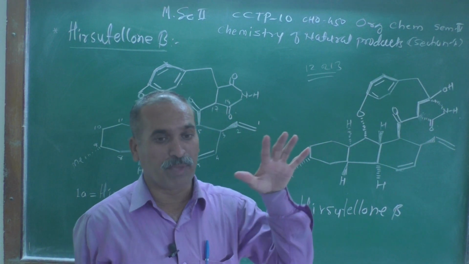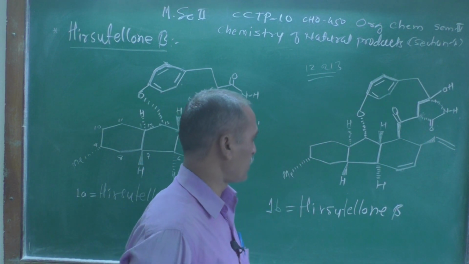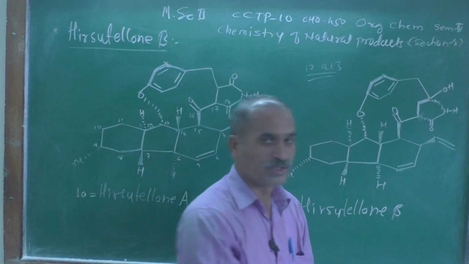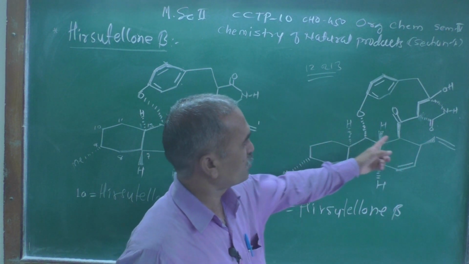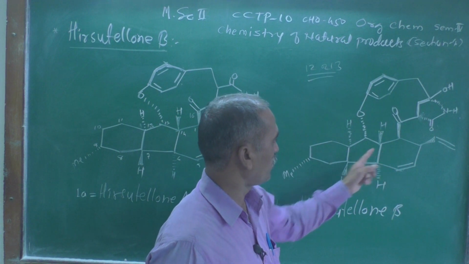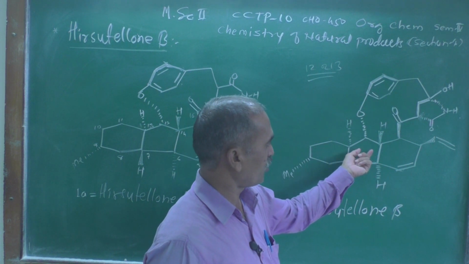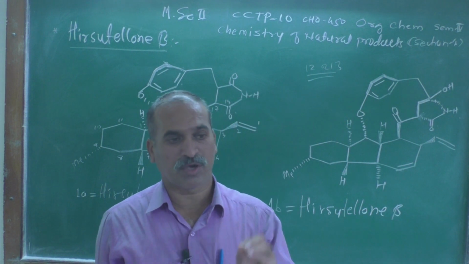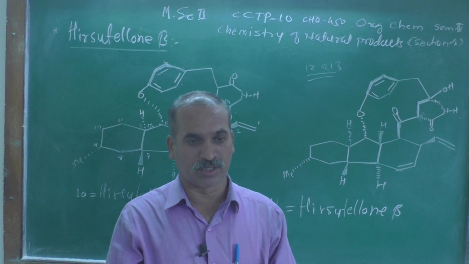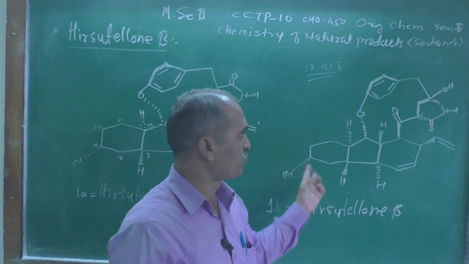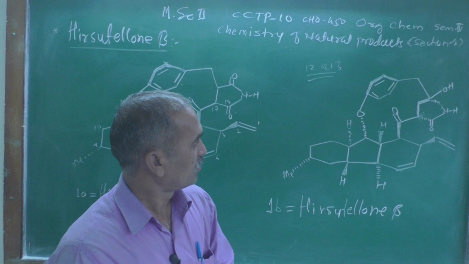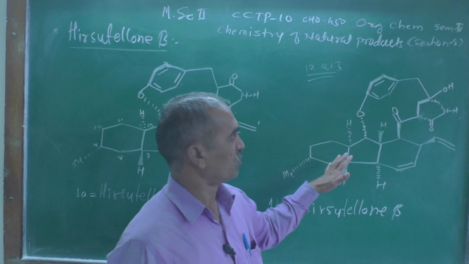So a 13-membered ring is present, and if you look at the fusion, this core, 1, 2, 3, a 6-membered ring fused with a 5-membered ring, again fused with a 6-membered ring. So 6, 5, 6. This type of core you can observe in this particular molecule.